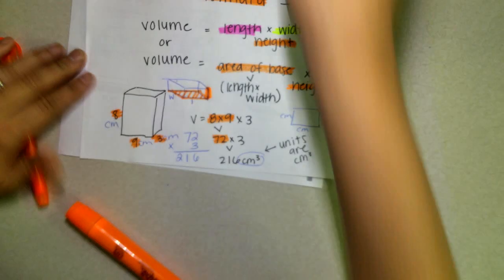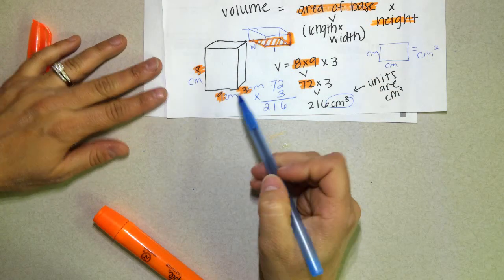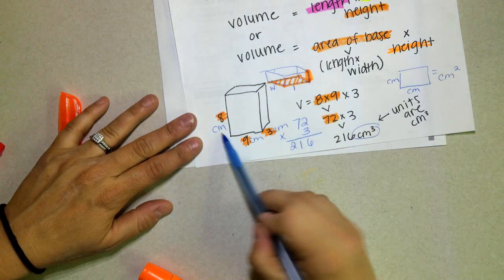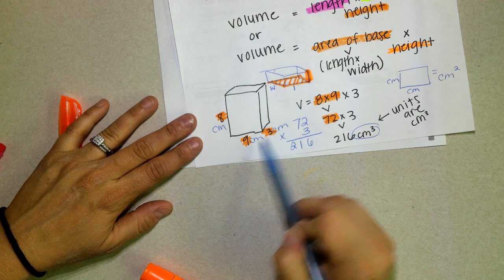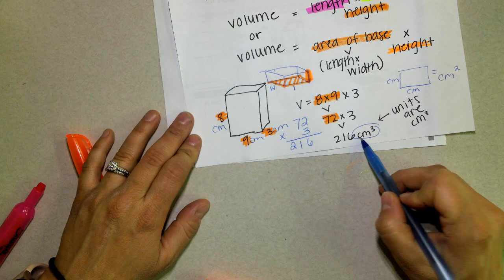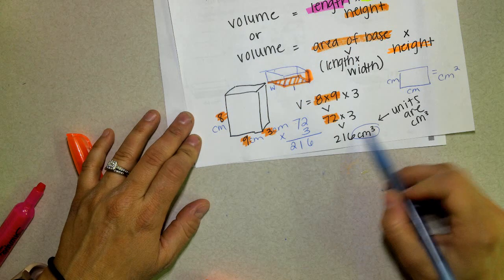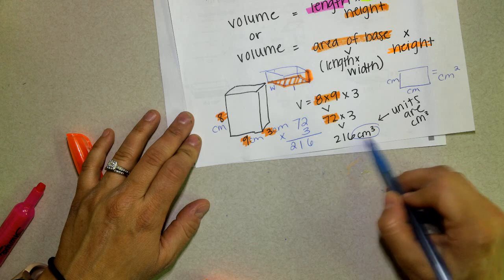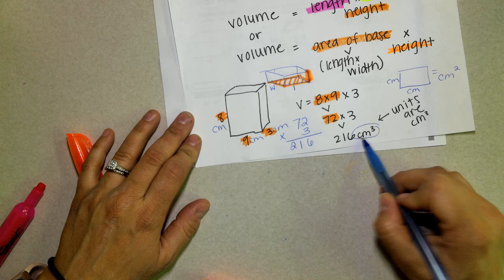But now, because we are multiplying three numbers, it's centimeters cubed, or whatever metric system they use to measure. So it's cubed here.